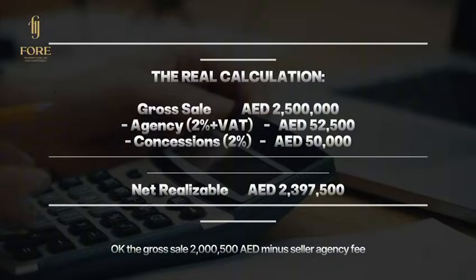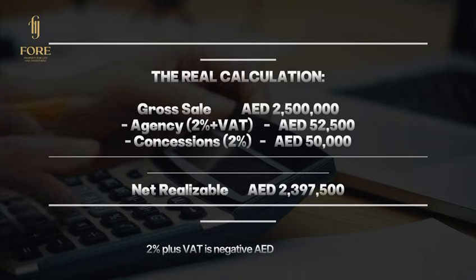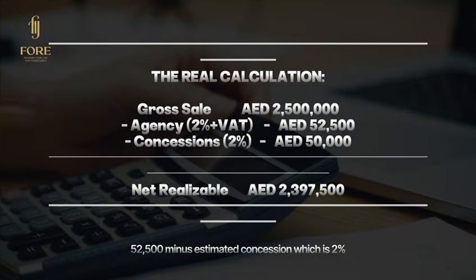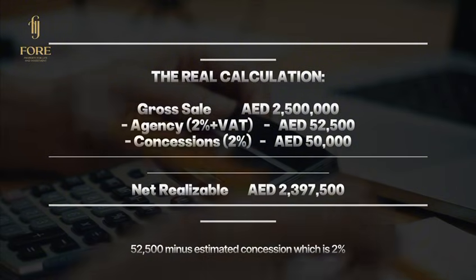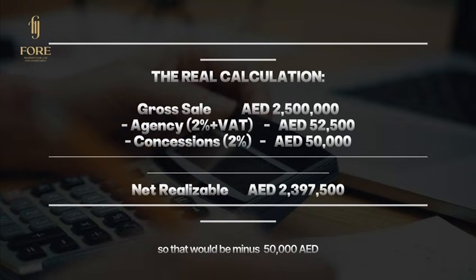The gross sale is 2,500,000 AED, minus the seller agency fee of 2% plus VAT, which is negative AED 52,500, minus the estimated concession of 2%, so that would be minus 50,000 AED.